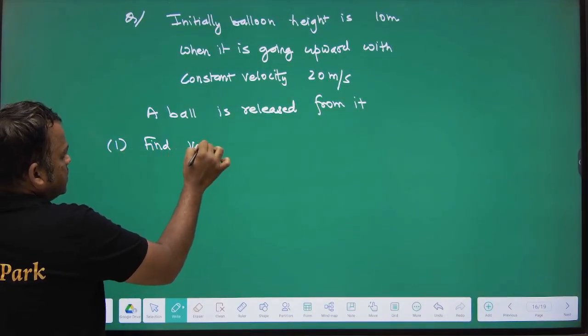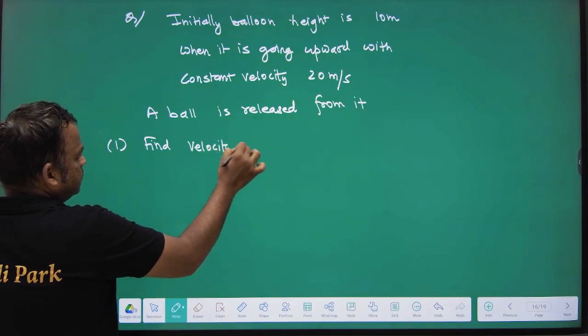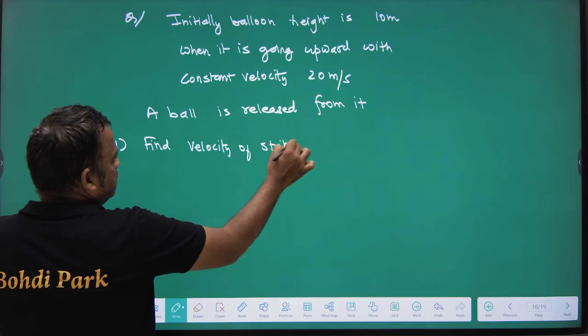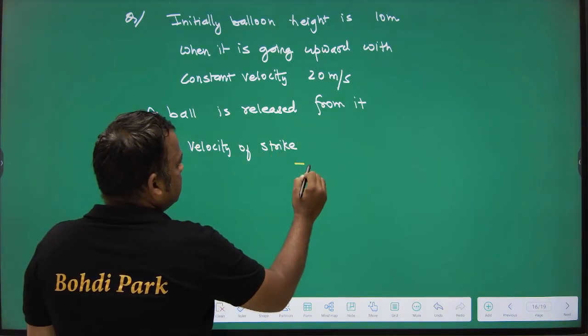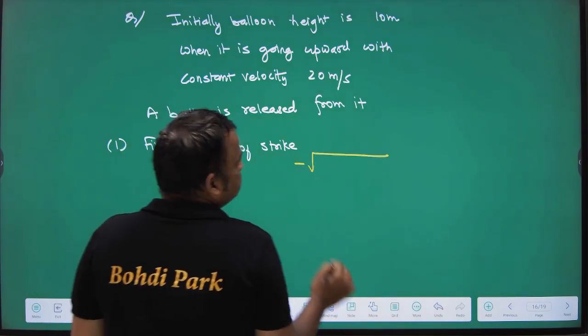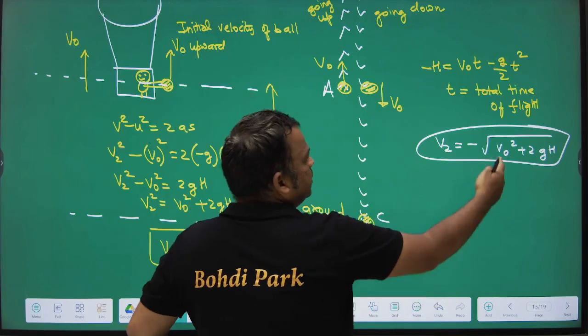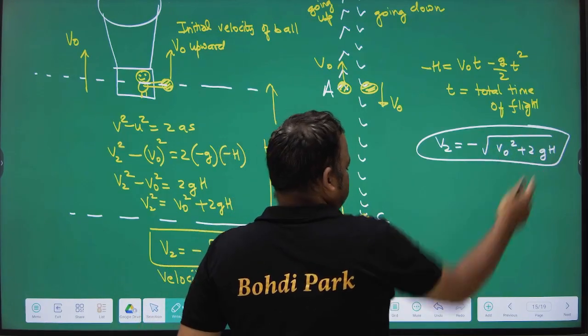Now first question, find velocity of strike. So we have the direct formula for that now. The velocity of strike will be minus square root of V naught square plus 2gh.